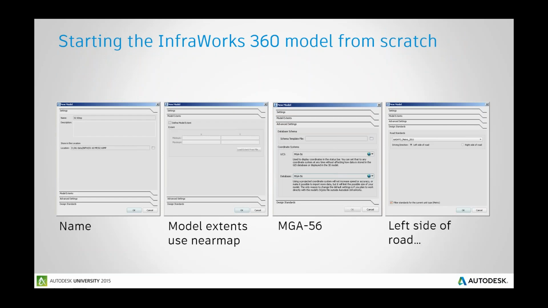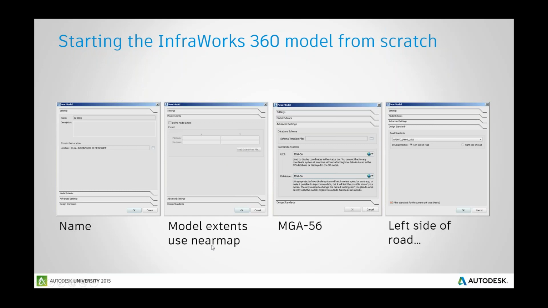So here, when I go to do a new model, over here on the left, I'll have my model name, my location, and it's a good idea to manage folders, put it in a location where you can store a large amount of data. You'll go to your model extents, which you can define. This can be defined also in Model Builder, but you can even load in a shape file if you want to have a shape defining the perimeter of your model extents.